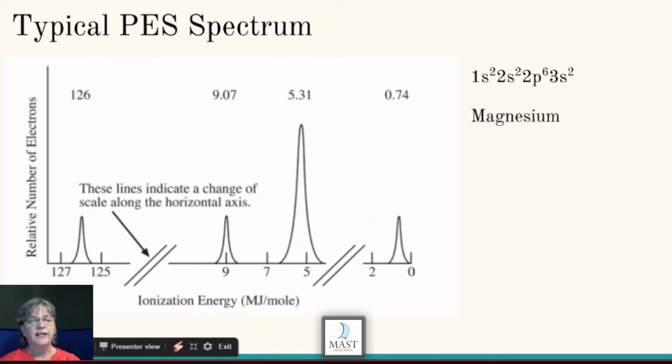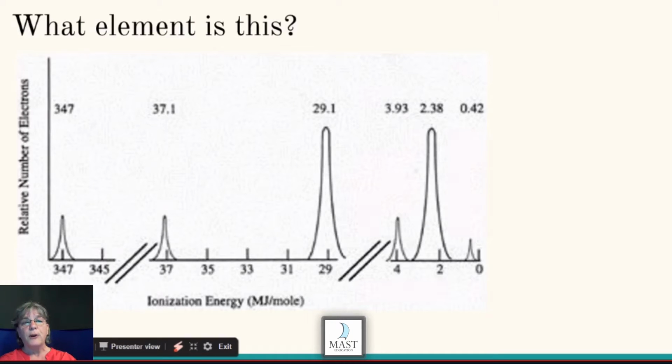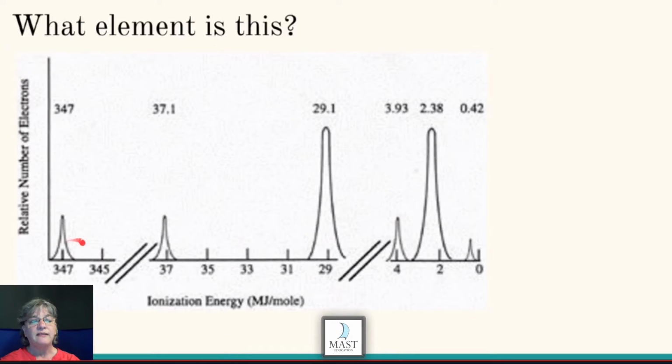Once we know that electron configuration, we can determine that this graph represents the element magnesium, because magnesium has 12 electrons in its neutral state. Here is another PES spectrum. Again, the electrons with highest binding energy are in the 1s sublevel. This is the 2s, the 2p, 3s, 3p, and 4s.